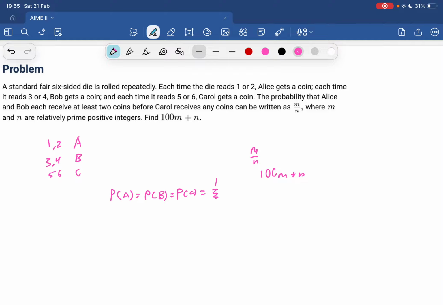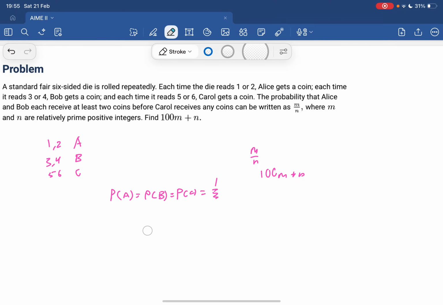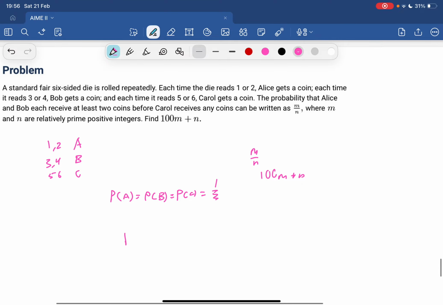So we only care about the sequences consisting of A and B before the first C appears. Each row has the probability of 2 over 3 of not having Carol. So P(not C) equals 2 over 3.